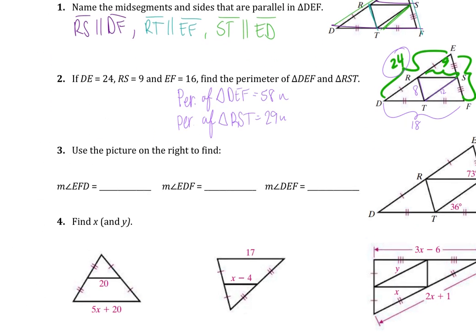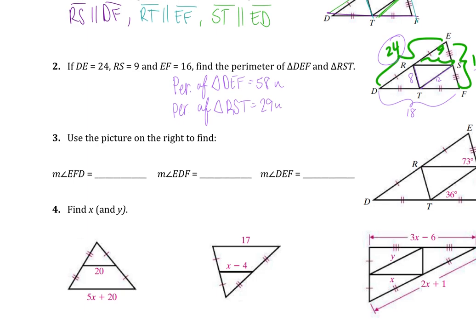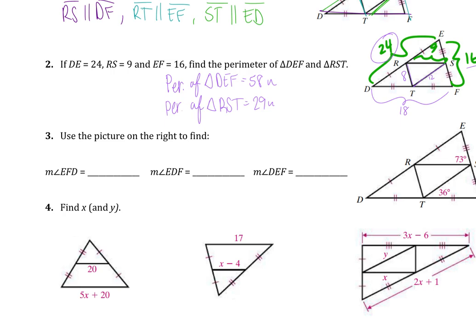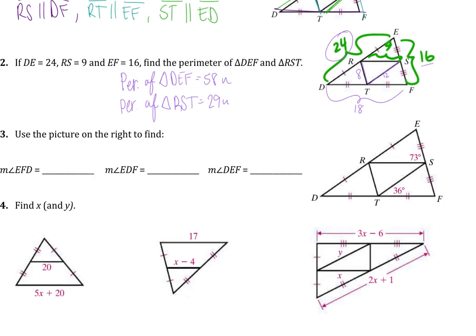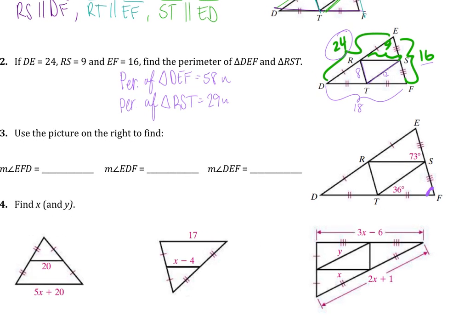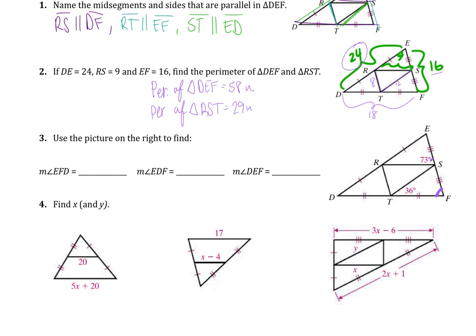Okay, so use the picture on the right to find different angle measures. Angle EFD, so this guy right here, will be corresponding to ESR, so this is 73 degrees.